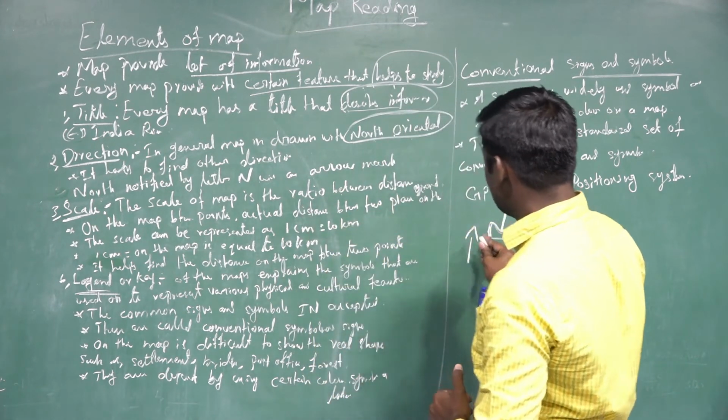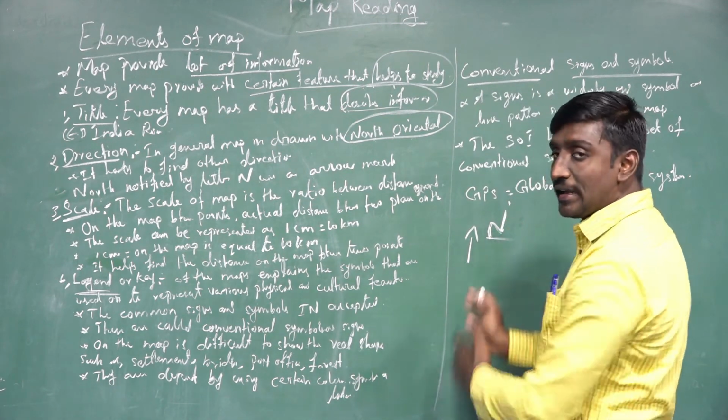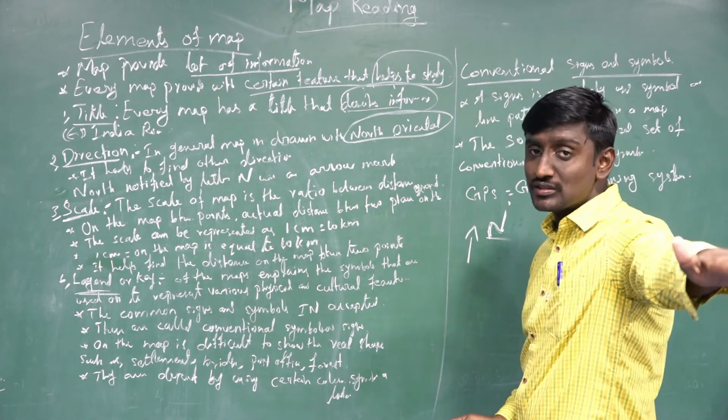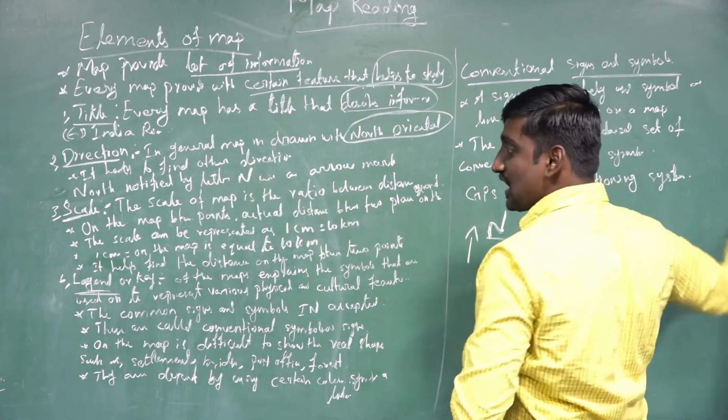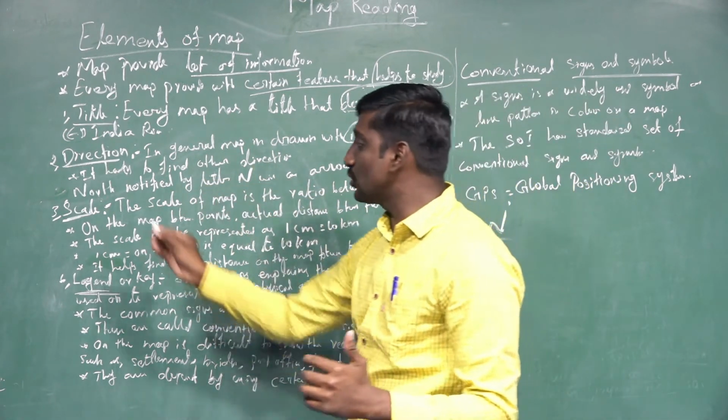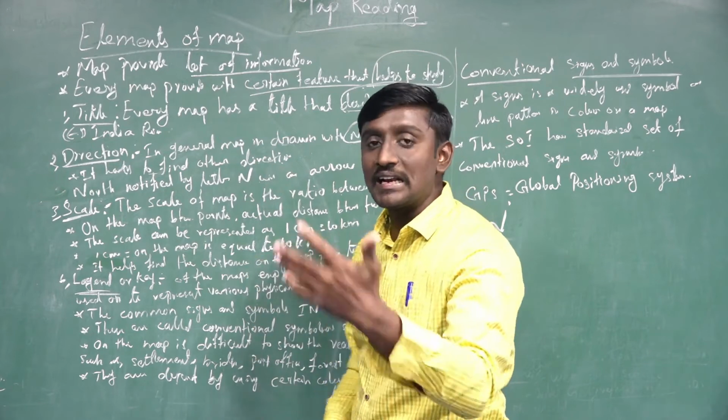For example, if this is north, the opposite is south, and then east and west.